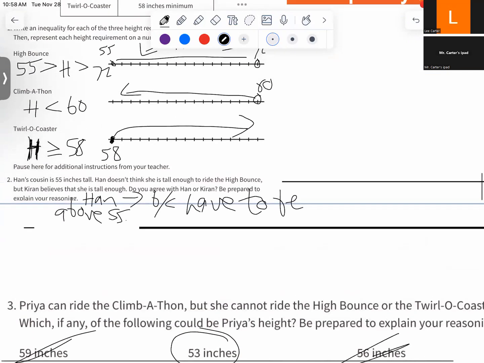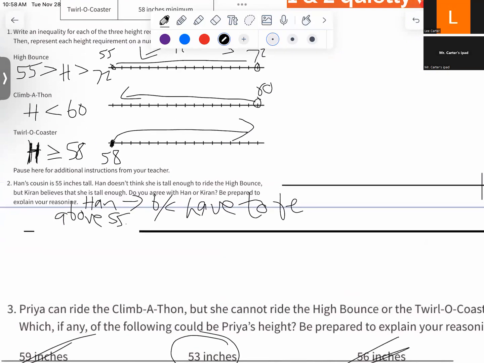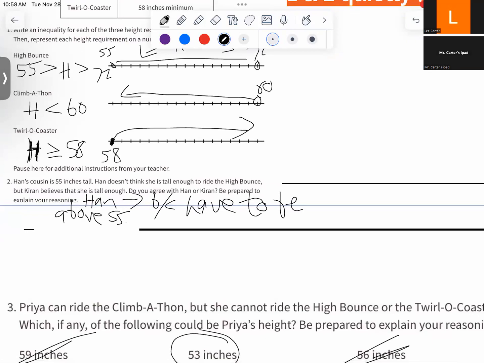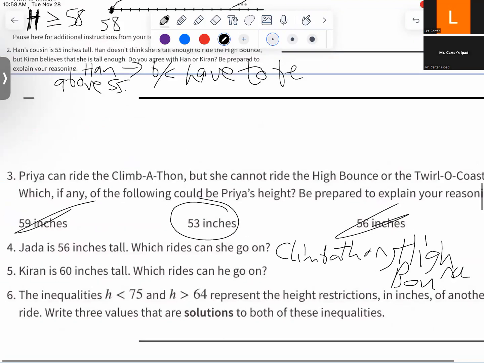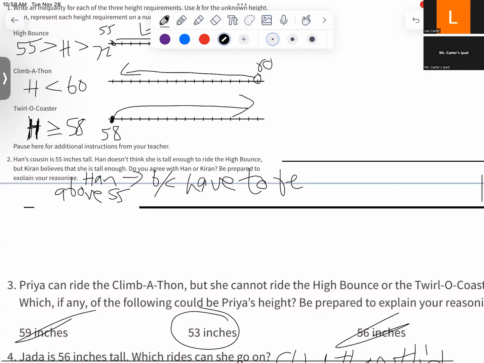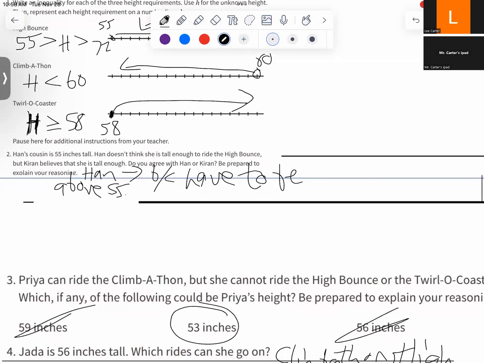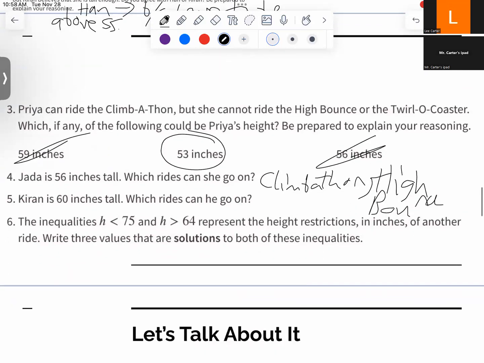But at 56, you have to be above 58 or at least 58 to do the twirl coaster. So she can't do the twirl coaster. All right. Kieran is 60 inches tall. Which rides can he go on? All right. He can't go on the climathon because he's too tall. You have to be less than 60. He can go on the high bounce because he's over 55, and he can go on the twirl coaster. So he can go on the high bounce and twirl coaster.